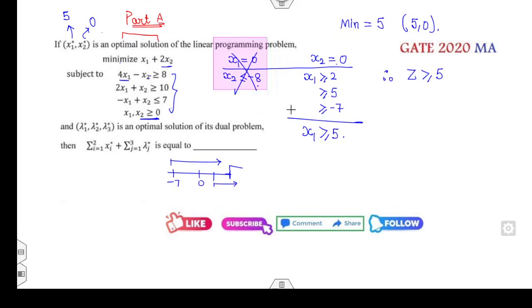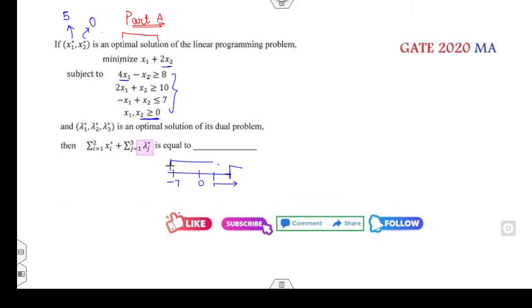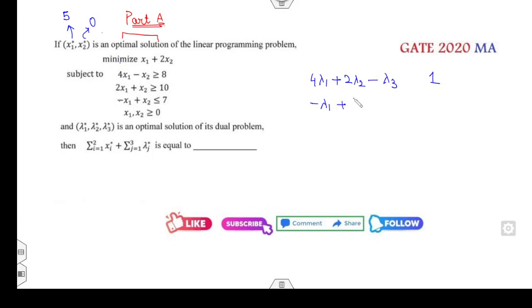Now, how can you find the value of the lambdas? Lambda is my dual variables. So you can quickly write the dual. That will be 4 lambda 1 plus 2 lambda 2 minus lambda 3, which is 1. From the second one, minus lambda 1 plus lambda 2 plus lambda 3, which is 2. This problem's dual is a maximization.